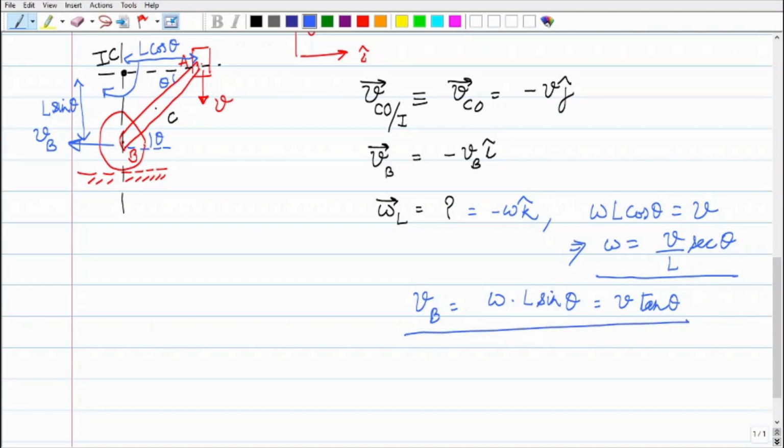What about the velocity of the center of the link, VC? What is VC? Now you see what's the distance? What can we say about this distance, for example? Any idea what will be that distance? Well, that's nothing but L by 2 if you see carefully.